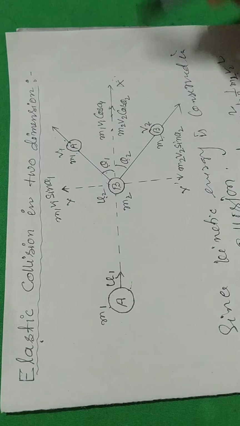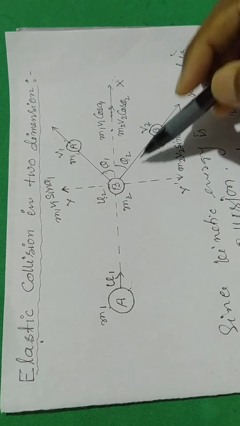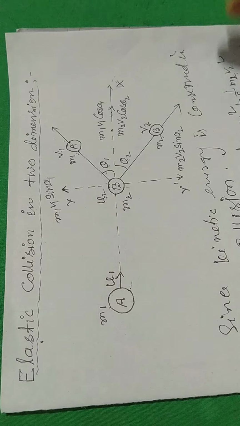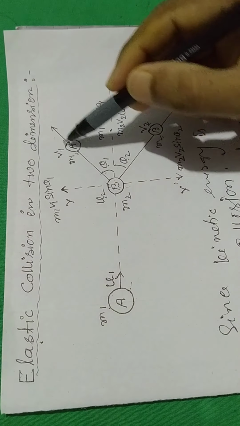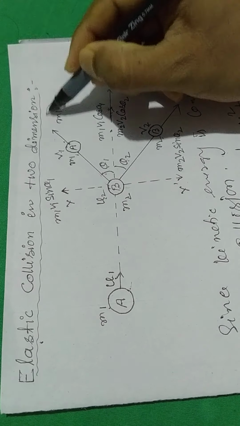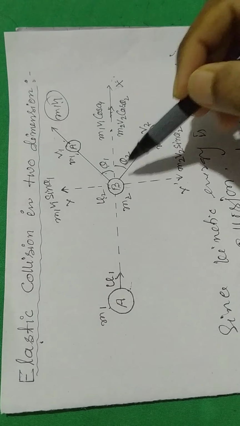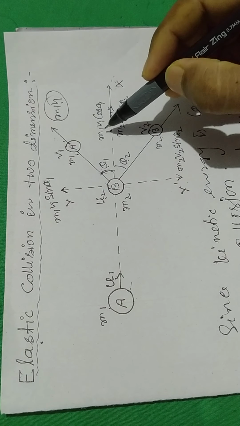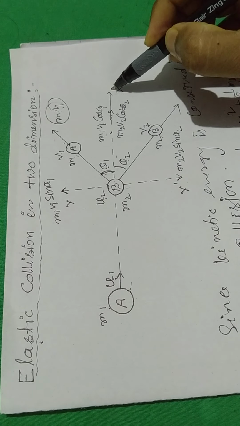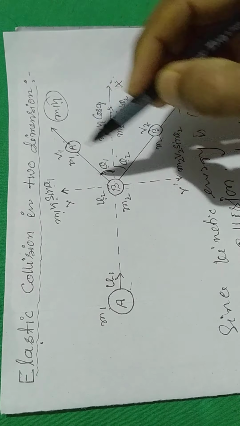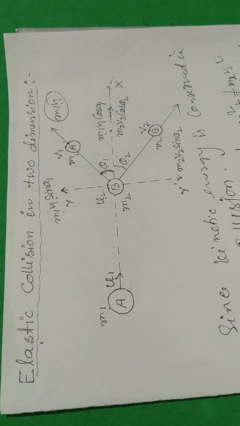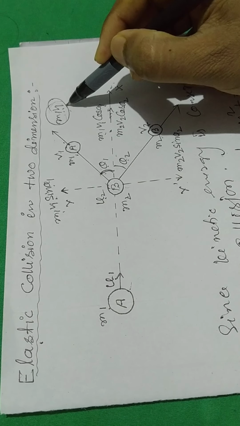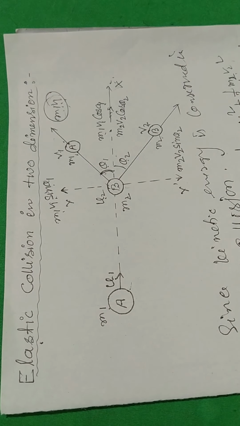Momentum is a vector quantity, so momentum has to be resolved into two rectangular components. We know momentum is m1 v1, so m1 v1 resolved with respect to theta 1 gives m1 v1 cos theta 1 along the x direction and m1 v1 sin theta 1 along the y direction.